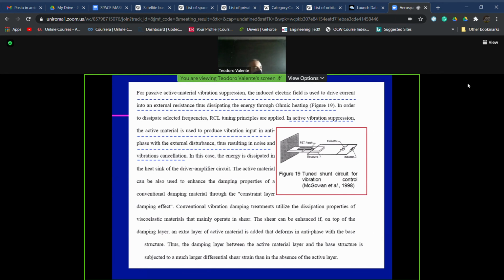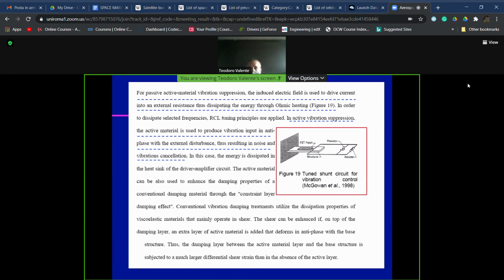For example, if you have a beam which is vibrating, and you put, and this is not very difficult, a PZT patch or a polymeric patch on the beam, and you make the configuration so that the patch follows the vibrations of the beam, the deformation, the deflection as you want, then what are you doing in this? You are going to deform the piezo materials.